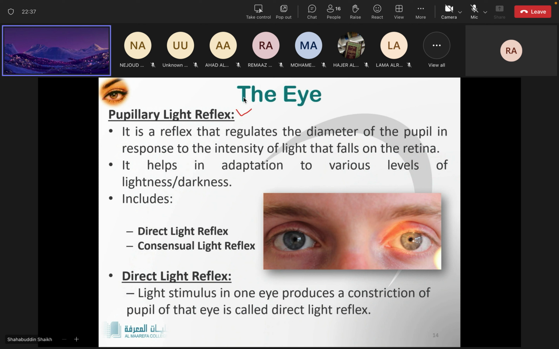These are called suspensory ligaments, and they are suspending or hanging a structure called the lens behind the iris. So our lens is hanging with the help of suspensory ligaments, which are attached to the ciliary muscles in the ciliary body.